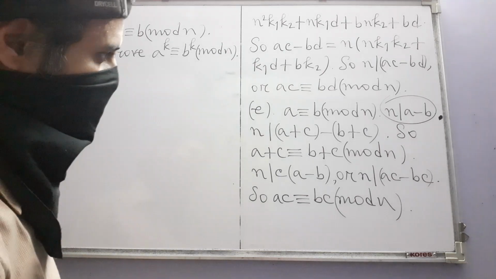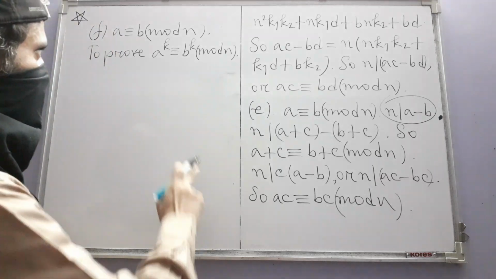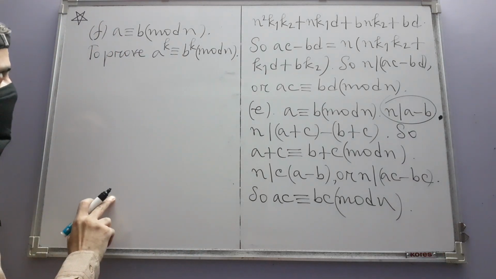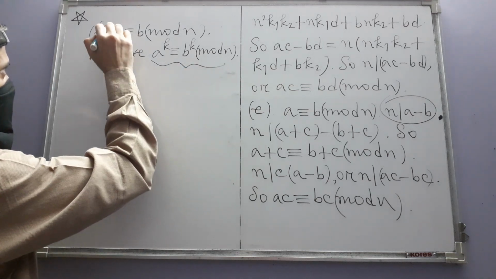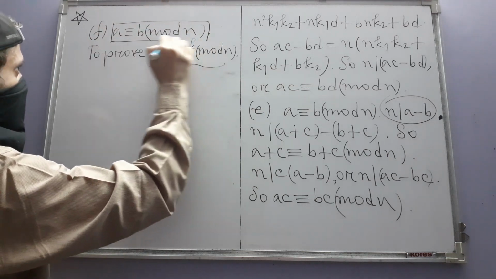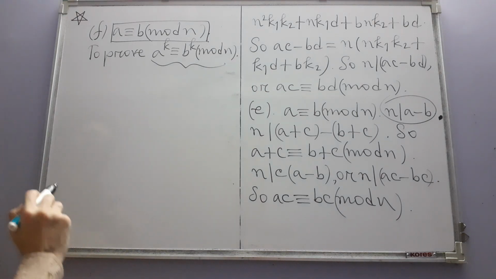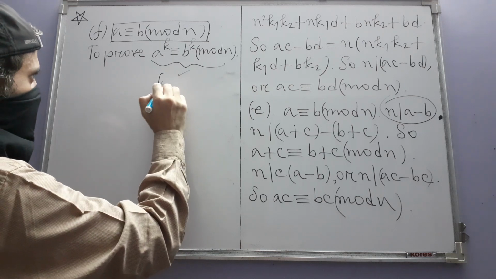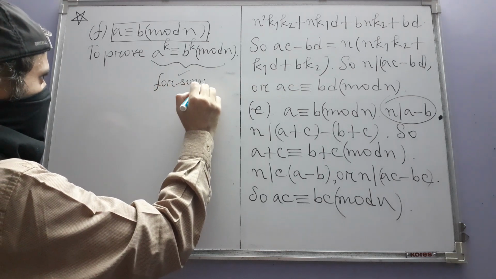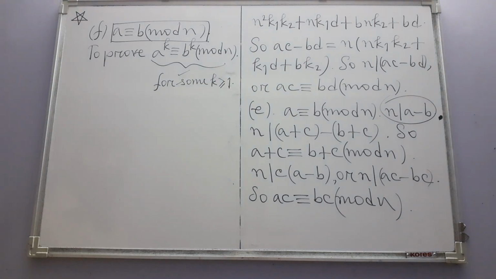Note that we do not actually have to do anything for the basis of induction, which is the case when k is equal to 1, because in that case this congruence just reduces to what is already given. So that is the basis for our induction. Now, as induction hypothesis, let this statement be true for some k greater than or equal to 1, some positive integer k.